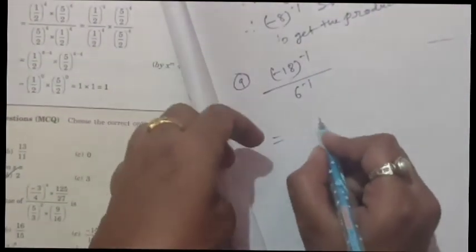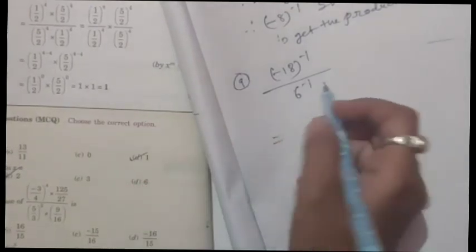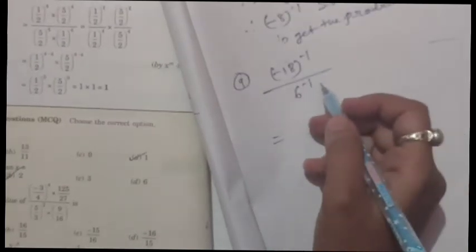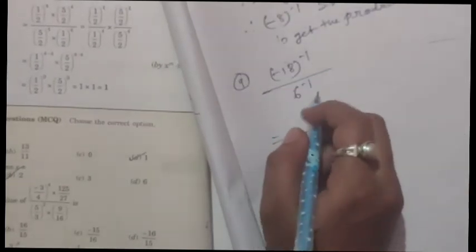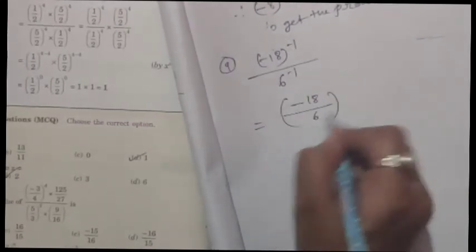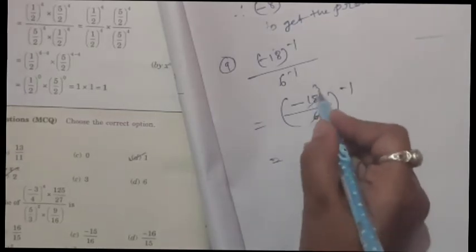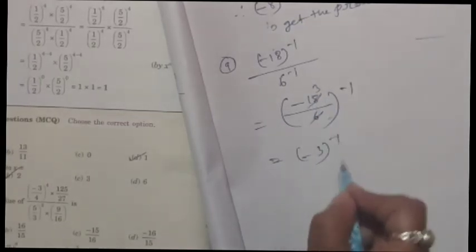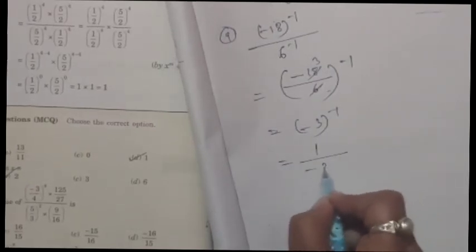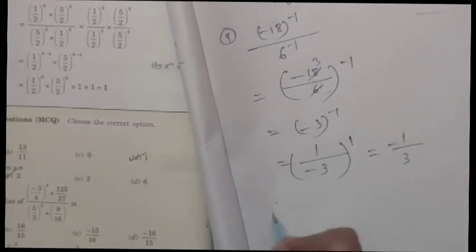Minus 18 raised to the power minus 1 divided by 6 raised to the power minus 1. So the bases are different but the powers are the same, so we need to take this power as common. Minus 18 divided by 6 raised to the power minus 1. 6 threes are 18, so minus 3 raised to the power minus 1, that is 1 by minus 3 raised to the power 1, minus 1 by 3.